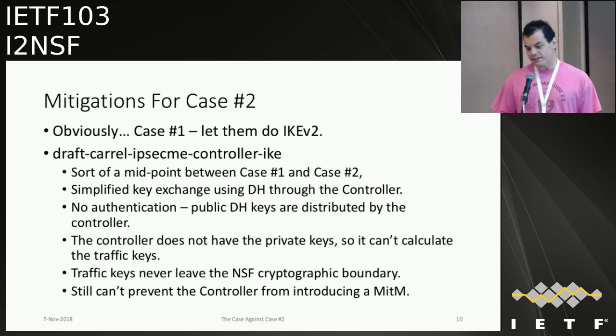And the controller does not even have the private keys, so they're generated on the NSF, and they just publish the public keys either between themselves or through the controller. And it doesn't prevent the man-in-the-middle attack, but then we've said that whenever you're in an SDN environment, you can't stop the man-in-the-middle. So yeah, discussion goes here.